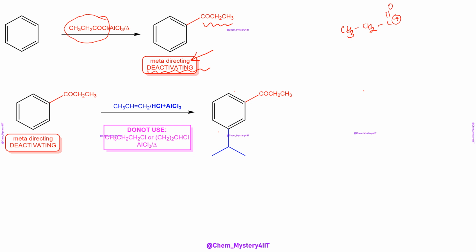We may need to have quite a high concentration of the carbocation, which is the electrophile. So if H+ ion is reacting with this alkene, we could get CH3, CH+, CH3, this kind of carbocation. But in order to keep the concentration of this carbocation very, very high, we are using something which gives us a very high concentration of H+ ions, that is HCl plus AlCl3.